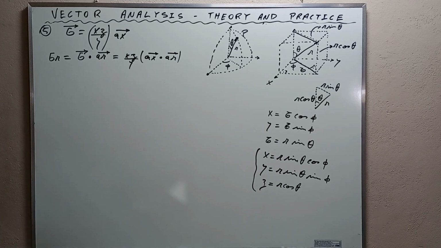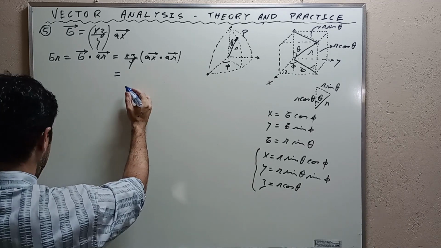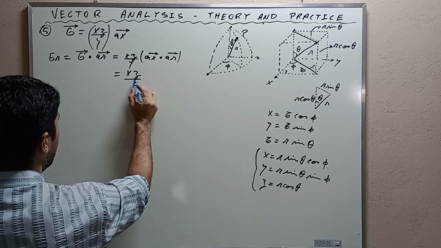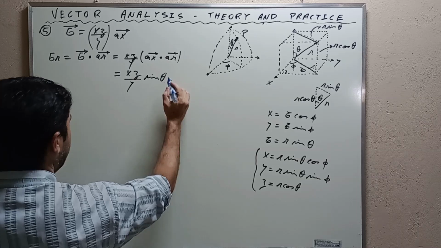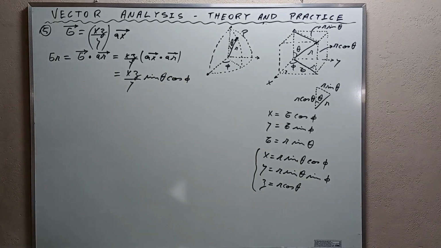And with some manipulation, and knowing that AX with AR is sine theta times the cosine of phi, this is equal to xz over y sine theta cosine phi, okay?